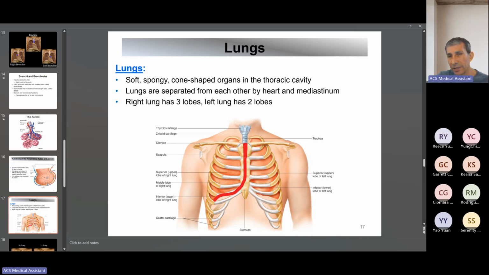Mediastinum means middle. So that's basically what it is. So they are separated. One goes to the left and one goes to the right.